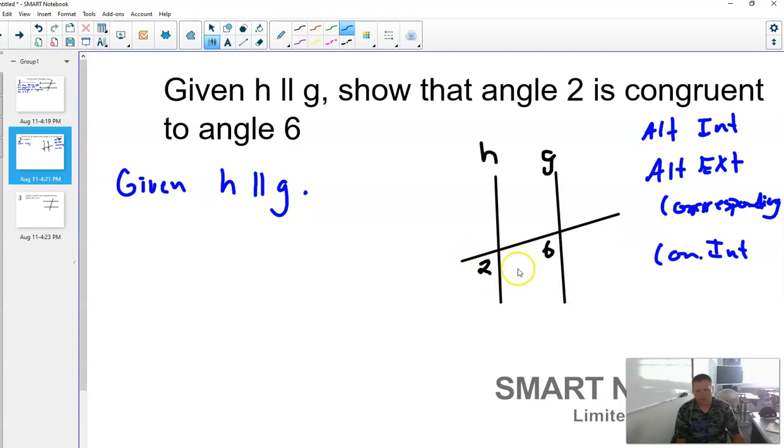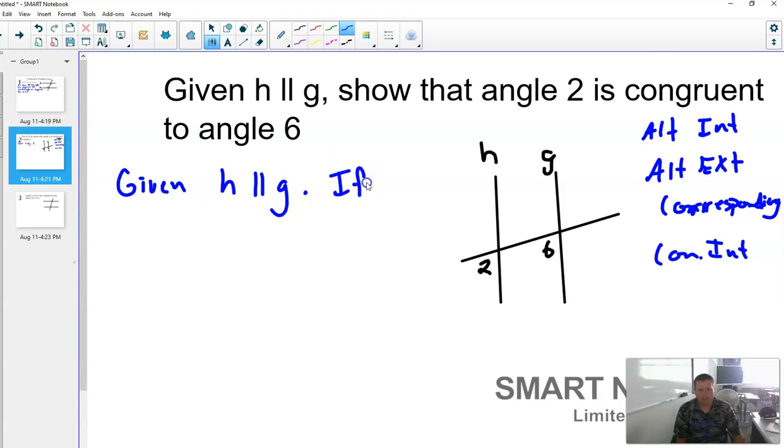So I just need to identify what type of angles 2 and 6 are. Well, this is in the bottom left and this is in the bottom left, right? So these are corresponding angles, and that means because these lines are parallel, they have to be congruent. So I can just make my conclusion. I'm going to write my if-then statement.